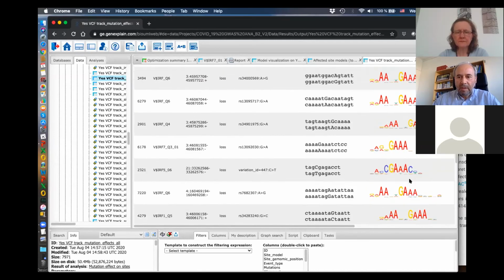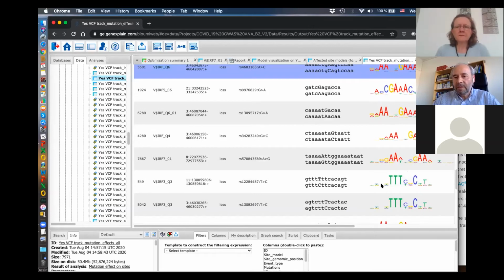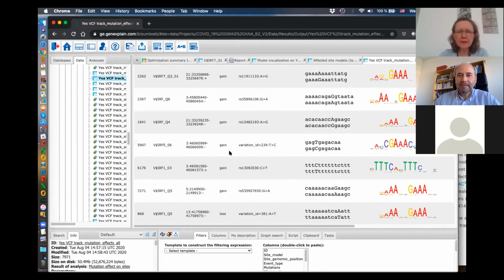And sometimes you see that different position weight matrices are actually playing a role, because there is a variety of those matrices for different IRF factors, and some of them are in different orientations. So this is a plus, this is minus.